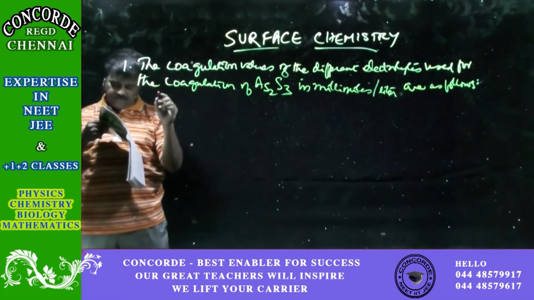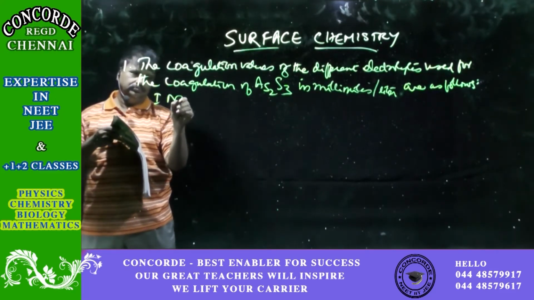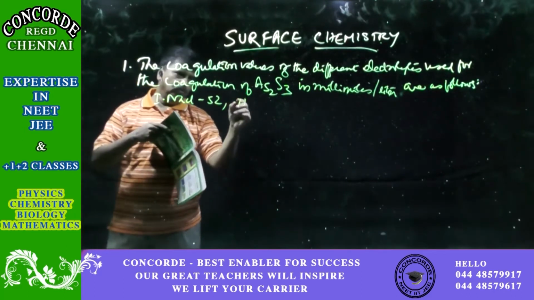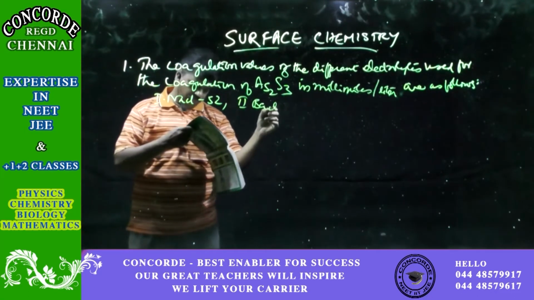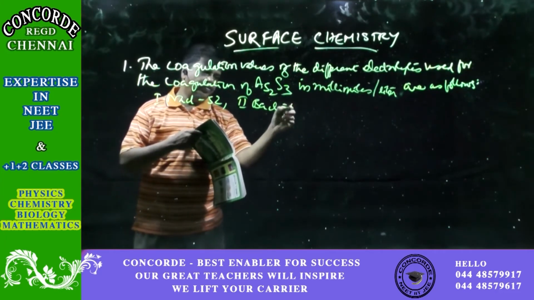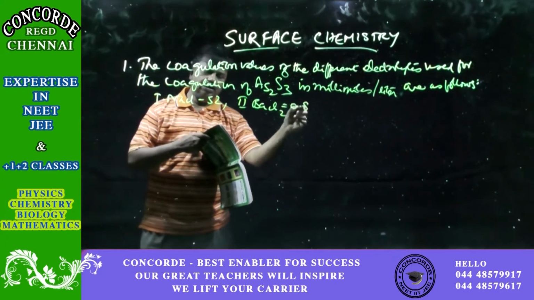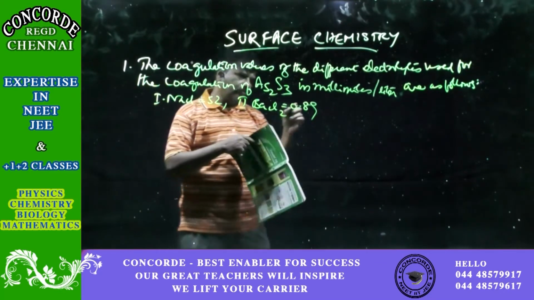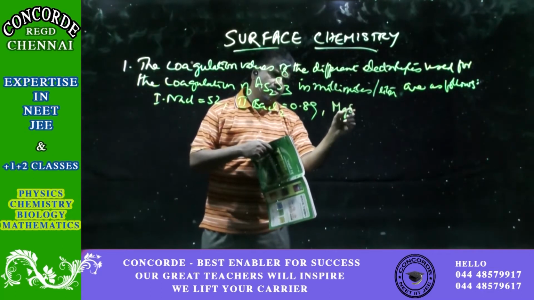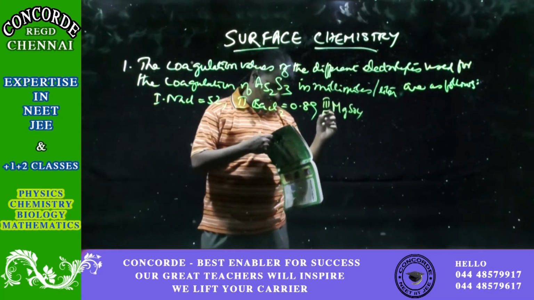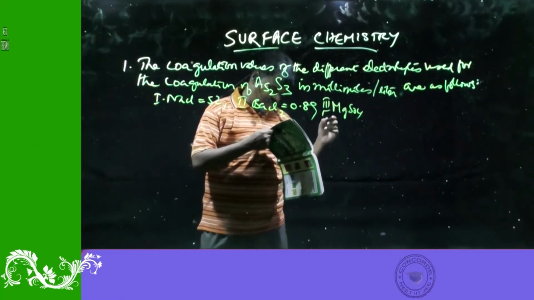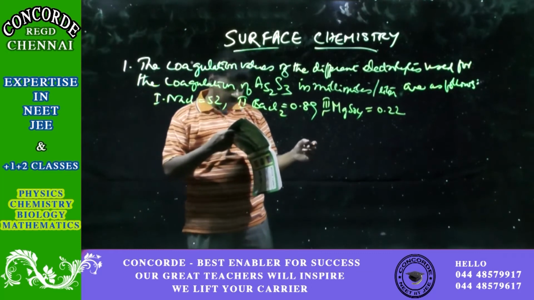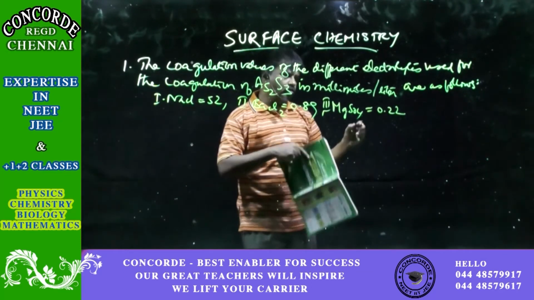First is NaCl, 52, and BaCl2, 0.89. Okay, and MgSO4 is 0.22. What is the correct order of their coagulating power?